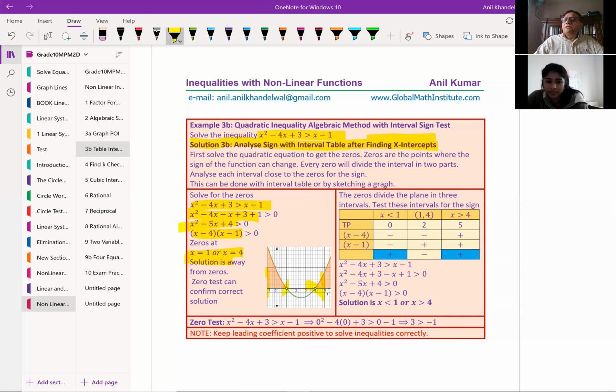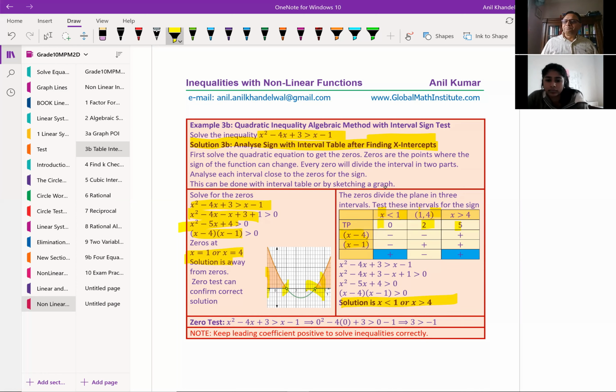Sometimes you may need to test your values using the sign table, correct? As we said earlier, we have 2 zeros, and these 2 zeros divide the region into 3 portions. You can analyze your factors, taking test points and checking the sign. The signs clearly indicate that for x less than 1 and for x greater than 1, we have positive regions, and therefore the solution is x less than 1 or x greater than 4.